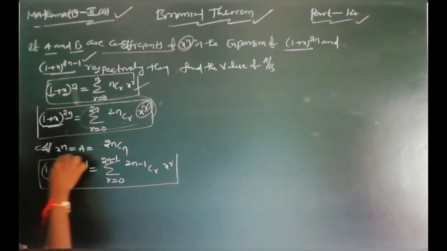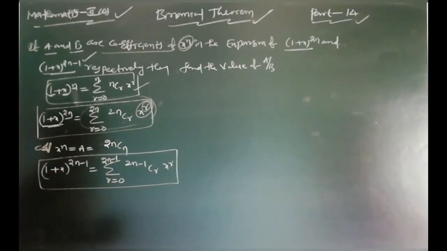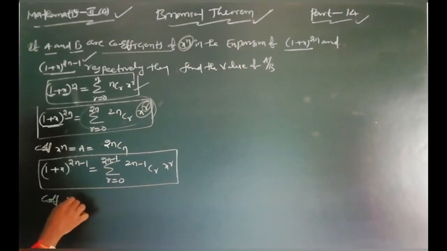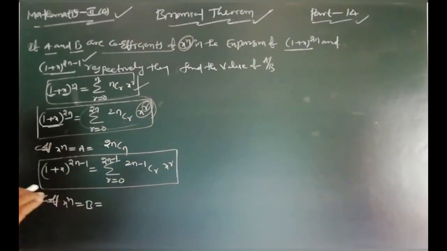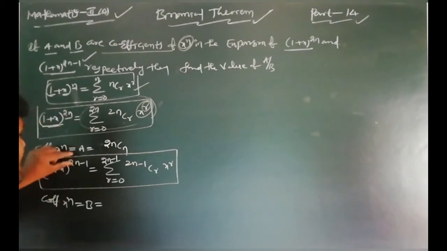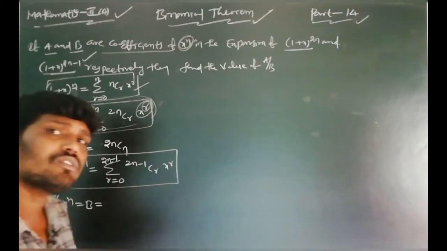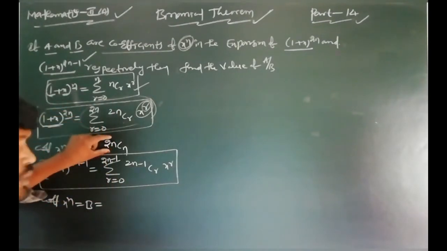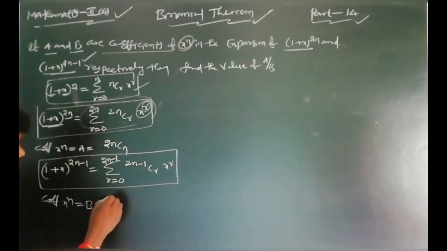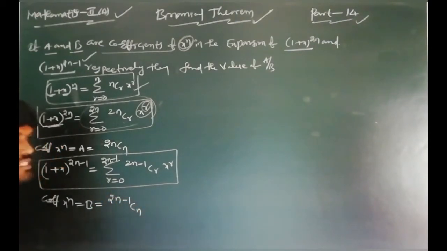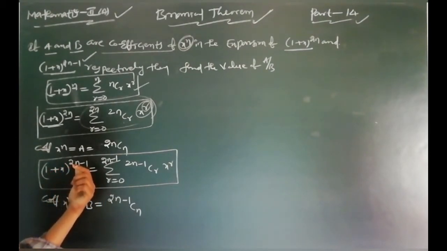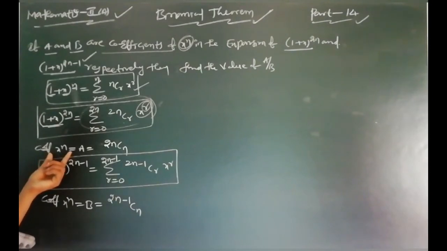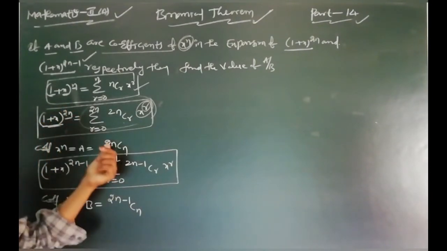In this expansion, the coefficient of x power n is B. These two expansions are similar, but the power is changed: here the power is 2n, here it is 2n minus 1. So in place of 2n you write 2n minus 1. That is, (2n minus 1)Cn is the coefficient of x power n in the expansion of (1 plus x) whole power 2n minus 1. The coefficient of x power n in (1 plus x) whole power 2n is 2nCn.